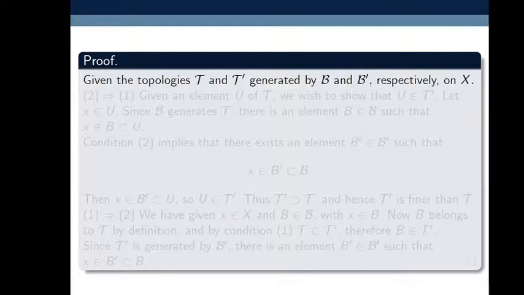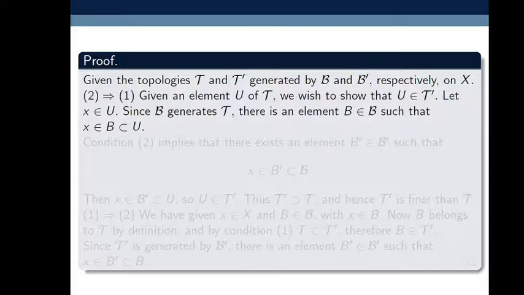So let's have the proof. Given the topologies tau and tau dash generated by script b and script b dash respectively on set x. Now first we prove statement 2 implies 1.